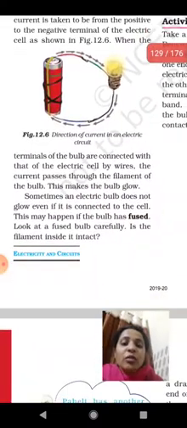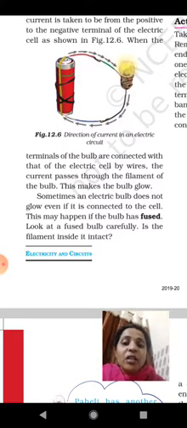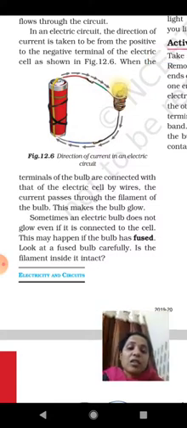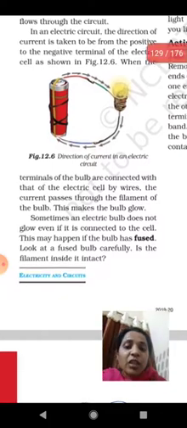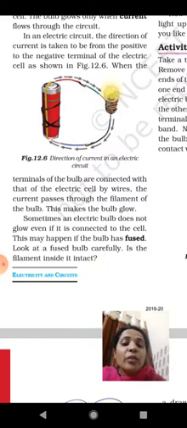When the terminals of the bulb are connected with that of the electric cell by wire, the current passes through the filament of the bulb. See what they are telling, that with the help of the wire, the current passes from the electric cell. The current passes through the filament of the bulb.